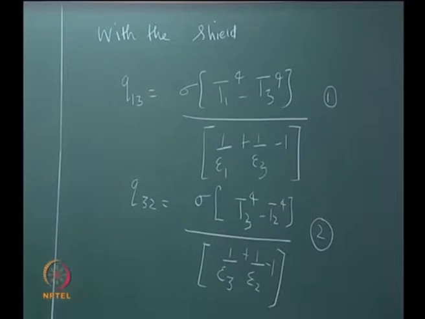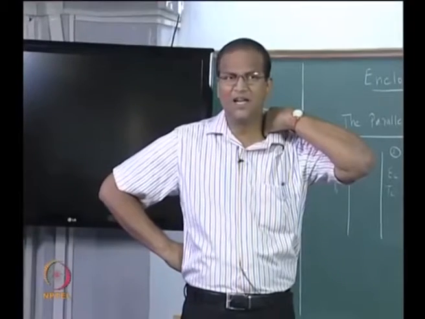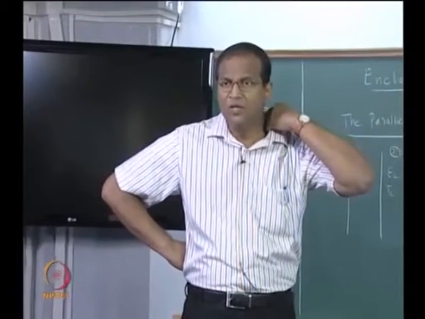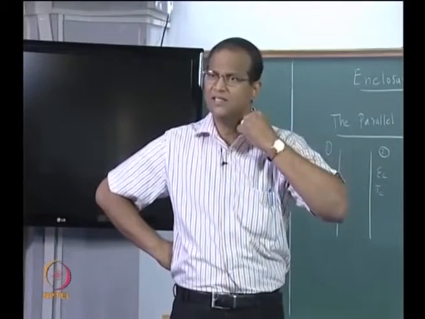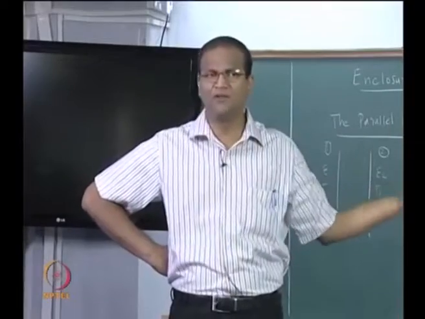What can you say about Q13 and Q32? Under steady state Q13 must be equal to Q32, it is also equal to Q12 with shield, is it correct? It is eventually the heat which is going from the left to the right.